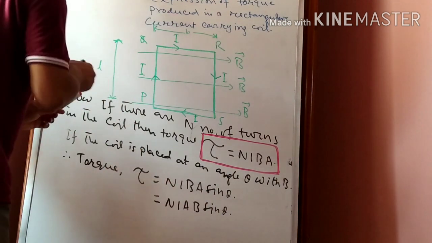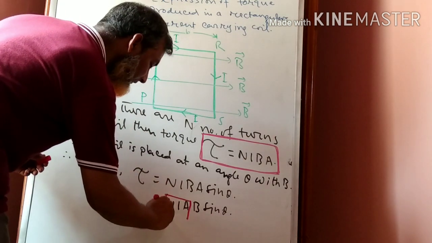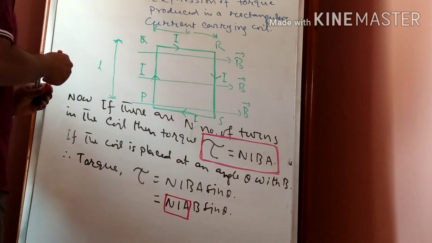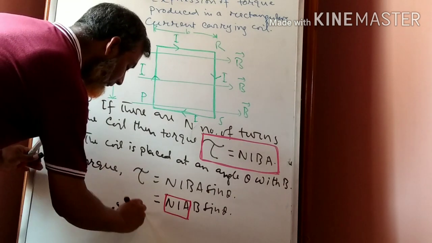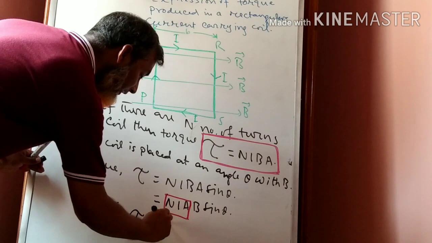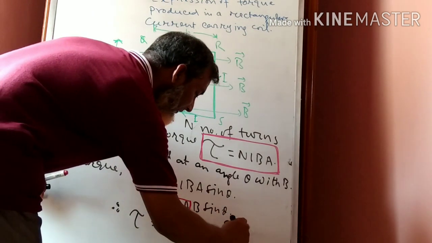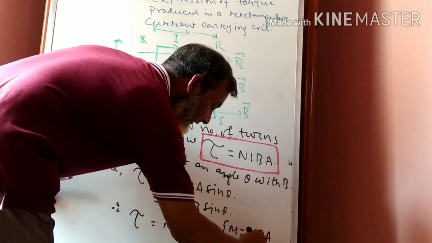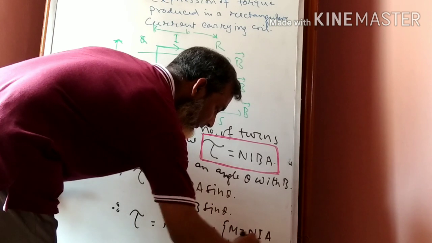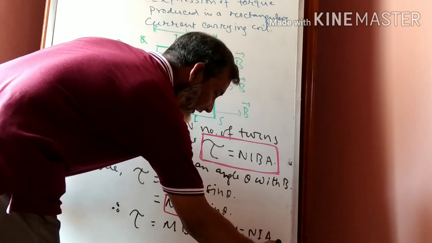Now this part, you see, NIA is called magnetic moment, and we write it by M, magnetic moment. So tau equals MB sin theta, where M is NIA, the magnetic moment of the coil.